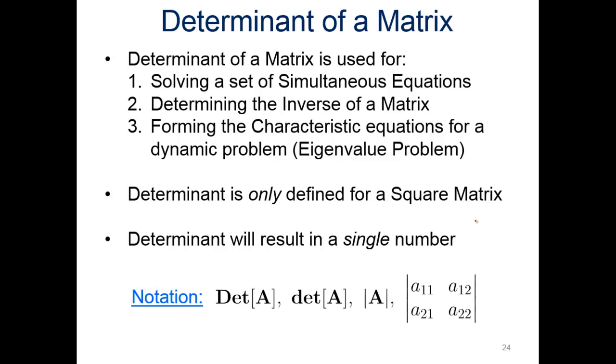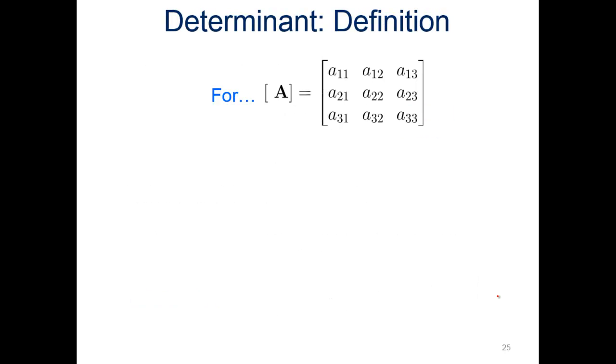So a couple ways this can be denoted. We've got capital D determinant, or lowercase d determinant, and then here we just have straight bars around some matrix letter, or straight bars around the actual elements. All right, all those 4 different ways really to show that we want to take the determinant of this matrix. All right, so the definition is for this particular matrix, right?